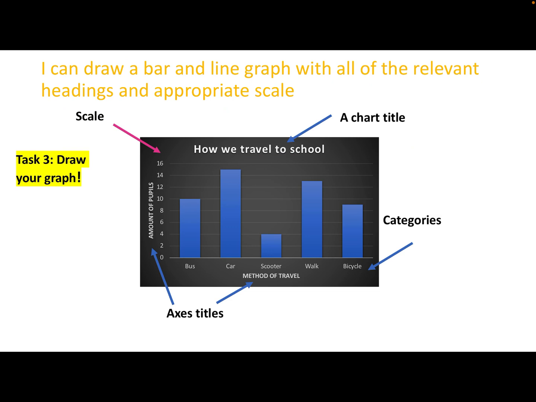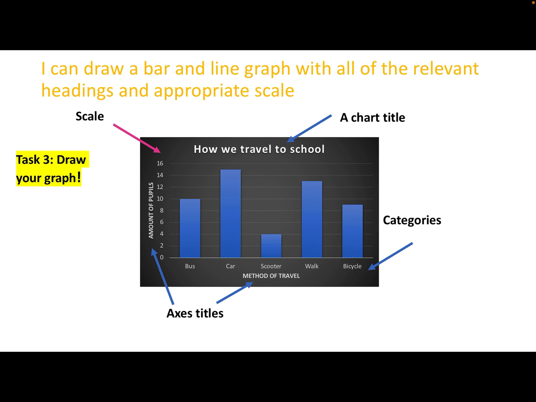Or you might want to put it into a bar graph. Okay, so remember, if you're using a bar graph, you need to have your title. So in this case, it was How We Travel to School, but yours might be the most popular flavour of crisps. You need to have your axis title.